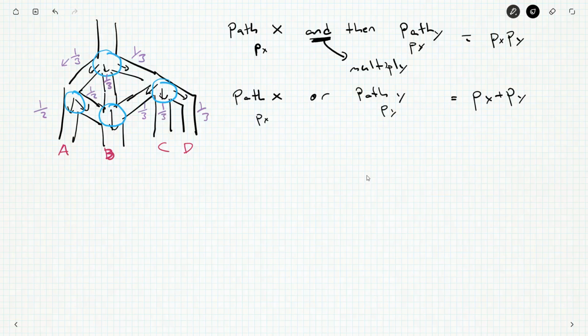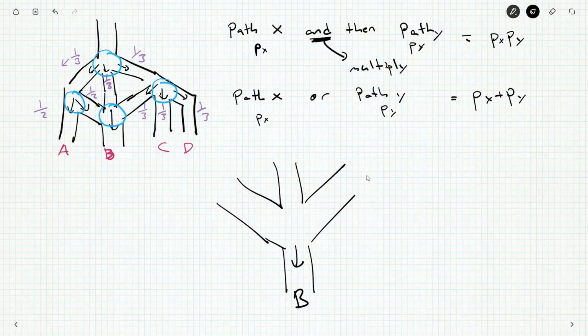Well, let's focus in here just above B. So how does he get to B? Well, B he has to come down this way. How did he get here? Well, he came from here, or he came from here, or he came from here. So OR with probability means we add them, not multiply them, we add them.